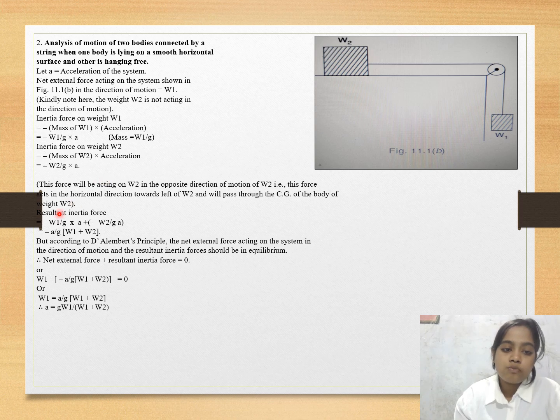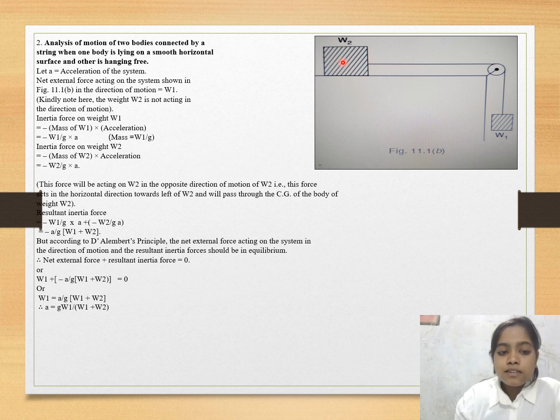Now you will see this force will be acting on W2 in the opposite direction. That is, this force acts in the horizontal direction towards the left of W2 and will pass through the center of gravity of the body of weight W2.